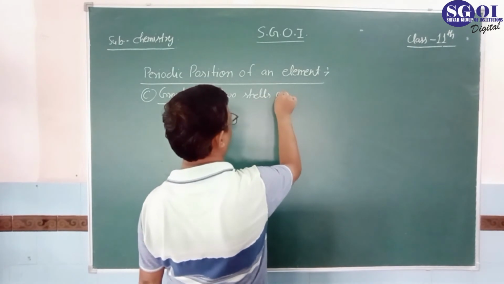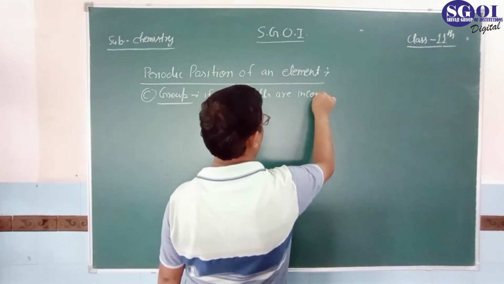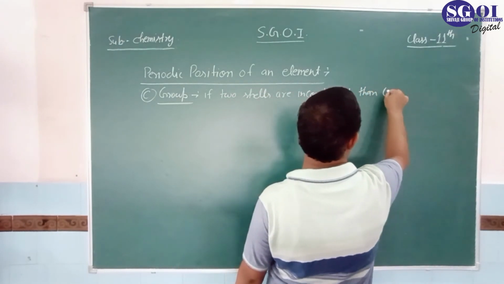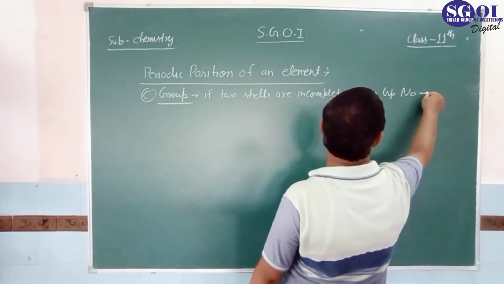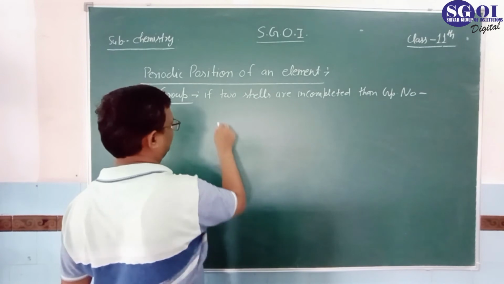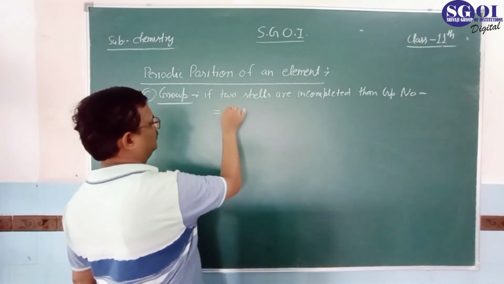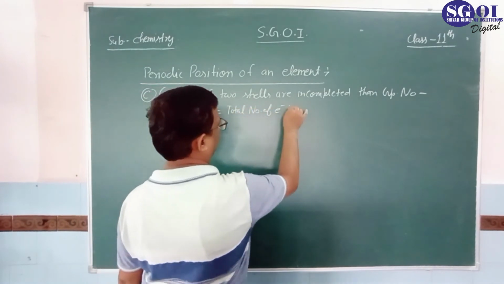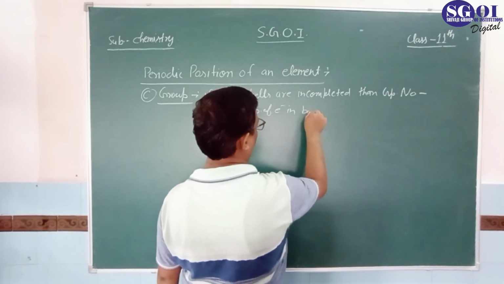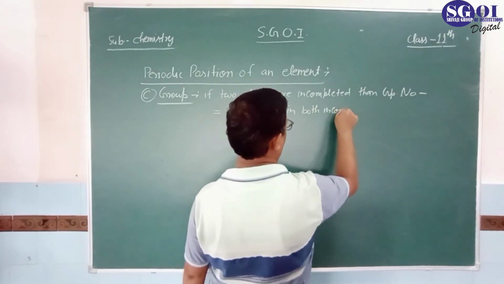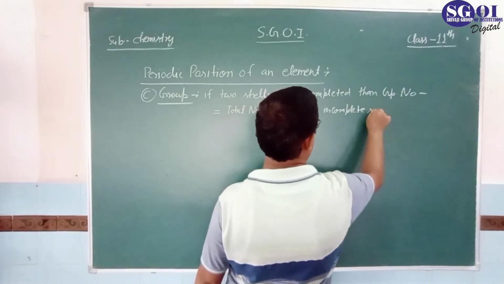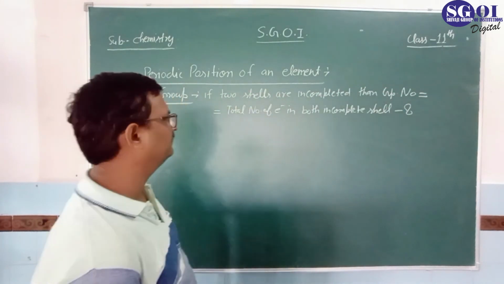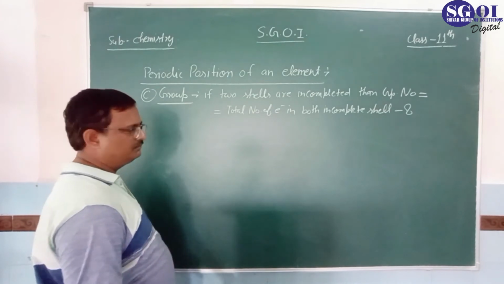If two shells are incomplete, then the group number is given by the total number of electrons in both incomplete shells minus 8. Okay, and write it down in Roman numerals.